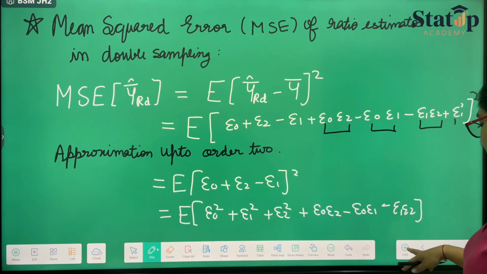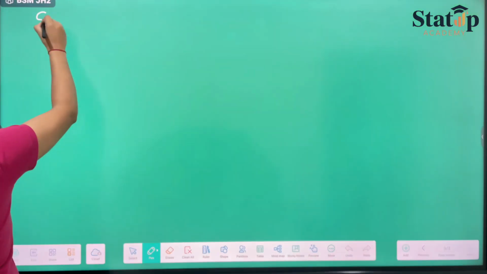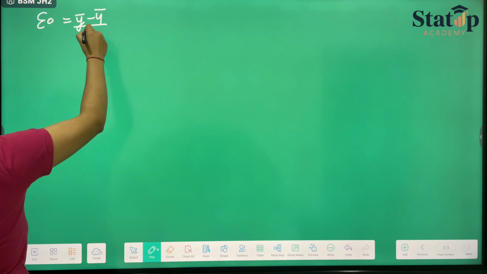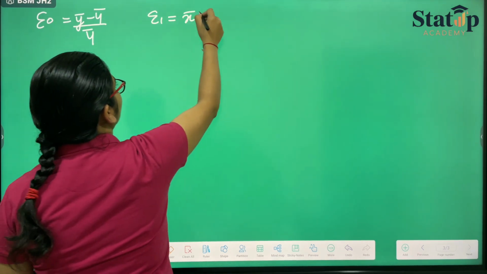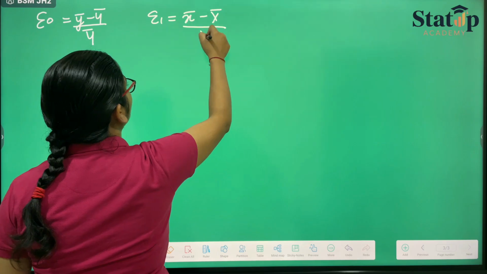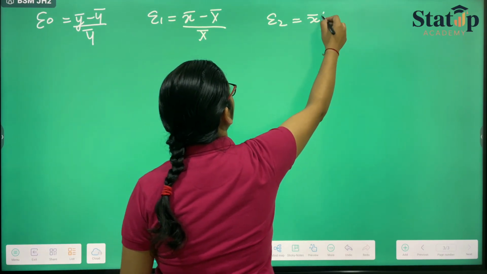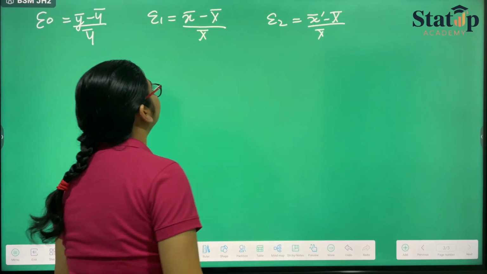Now we know the values: epsilon naught was y bar minus capital Y bar upon capital Y bar, epsilon 1 was x bar minus capital X bar upon capital X bar, and epsilon 2 was x bar prime minus capital X bar upon capital X bar.